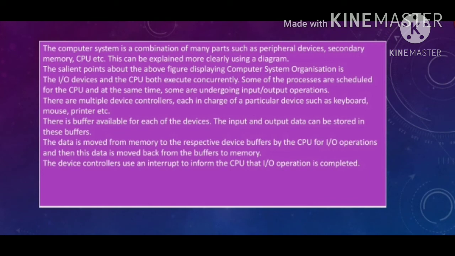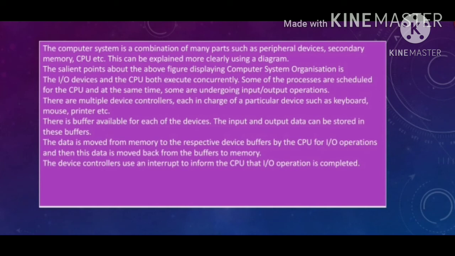The salient points about the above figure are that the I/O device and the CPU both execute concurrently. Some of the processes are scheduled for the CPU and at the same time some are undergoing input-output operations.